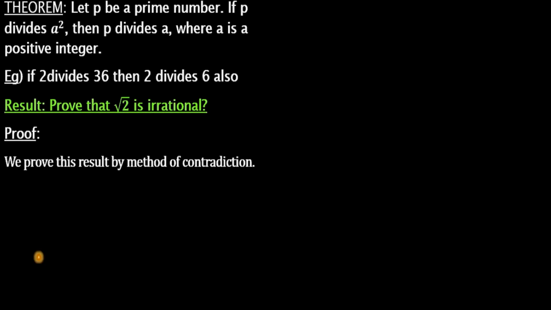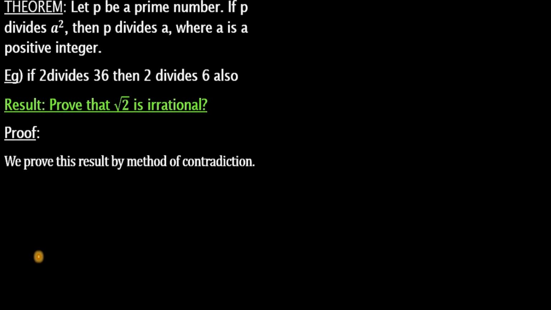What does contradiction mean? If we start a journey and we have two paths in front of you, the first path will lead to your destination, and the second path is the wrong path.